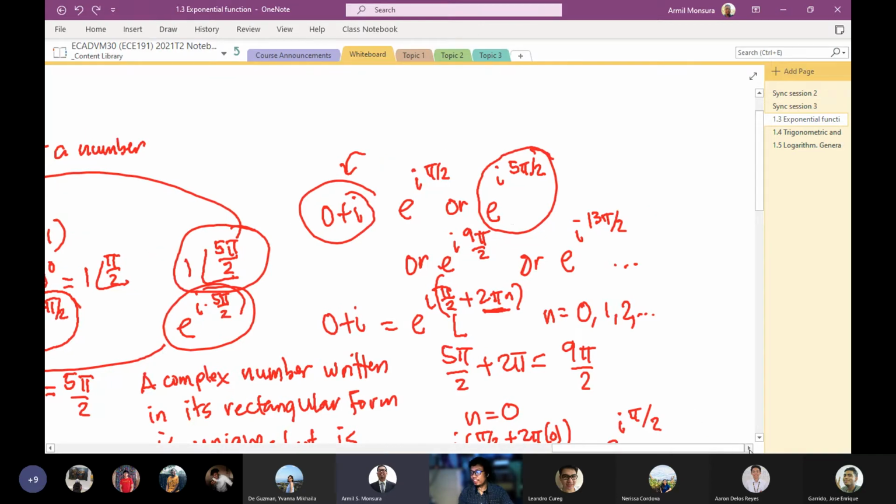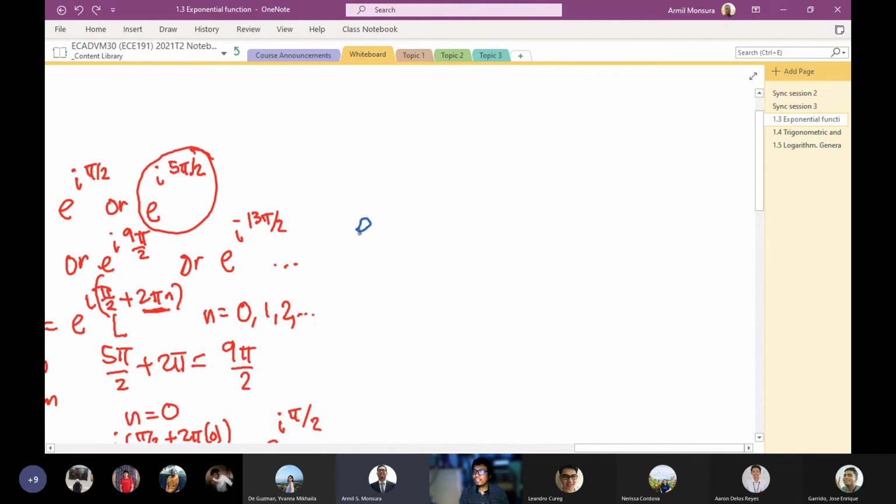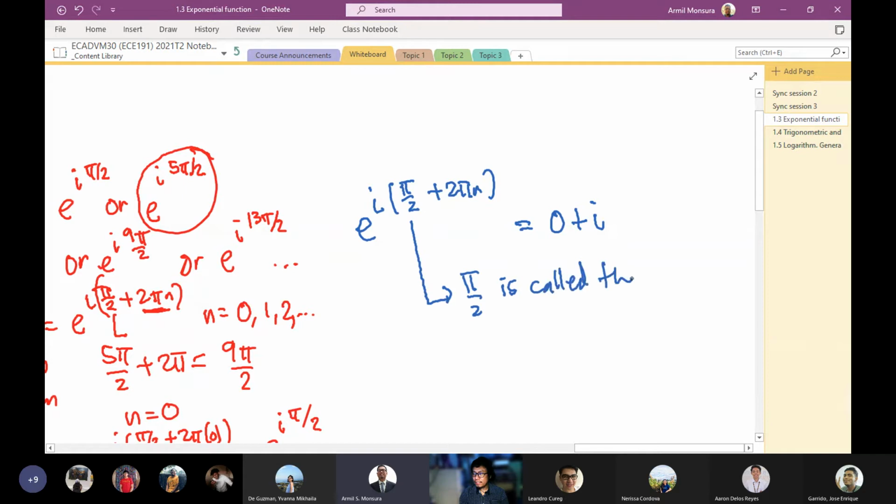This is e raised to i times pi over 2 plus 2 pi n, which all of them result to 0 plus i. Itong angle na to, yung pi over 2, is called the principal angle or argument. Okay? Is that clear?